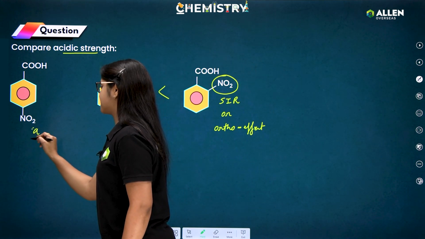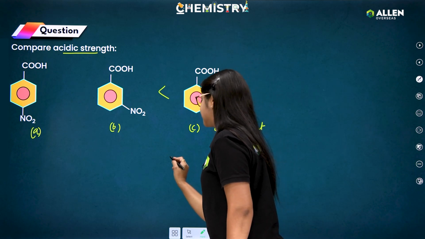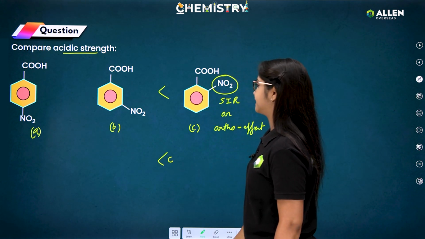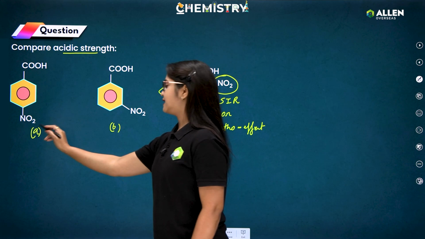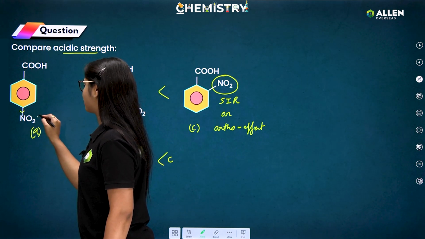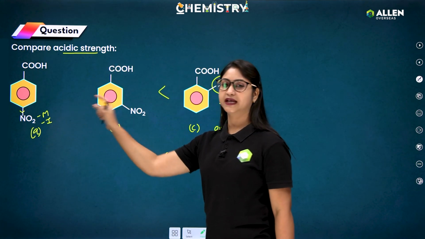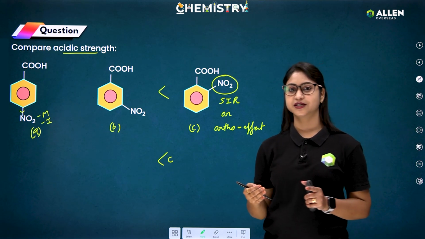So suppose this is A, this is B, and this is C. We can say C will be most acidic, right, due to SIR. Now in A and B, at the para position, the nitro group shows both -M and -I effects, right? The more the electron withdrawing nature, the more will be the acidic strength.